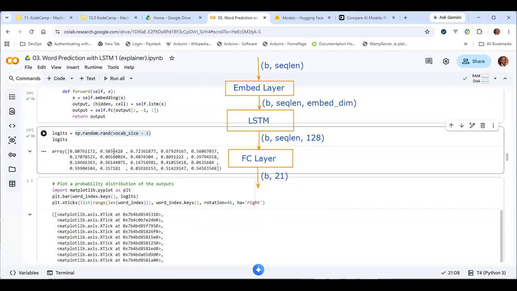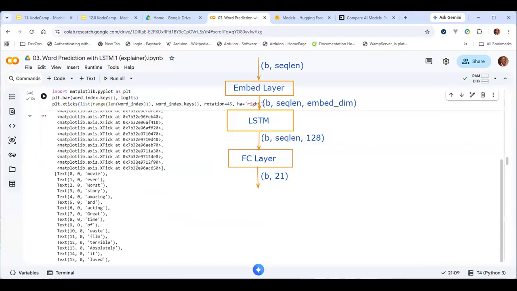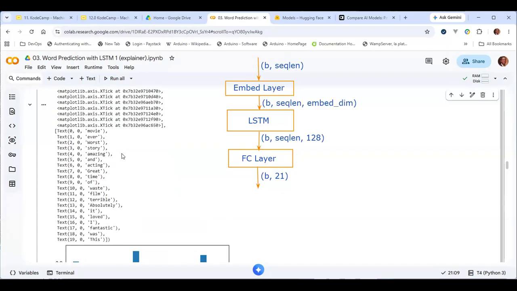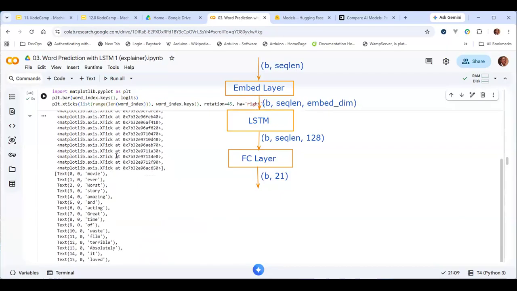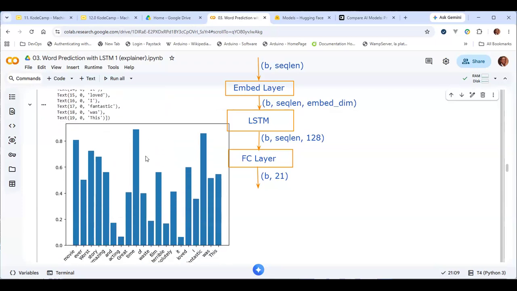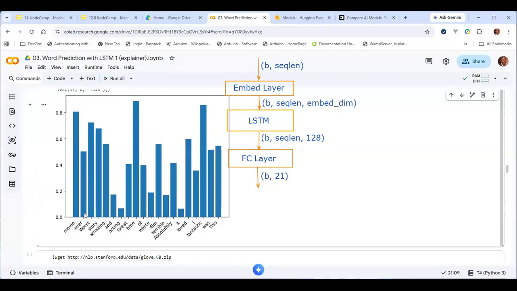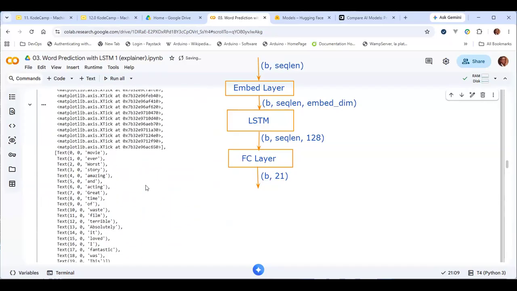But since we are taking vocabulary size -1, we are taking all of the possible inputs and the probability distribution of the inputs. So we have a whole bunch of stuff going on here, but this is the probability distribution of the words in the input. We are able to get the words because we know the index position of the words in the vocabulary. So this is kind of like generated data.